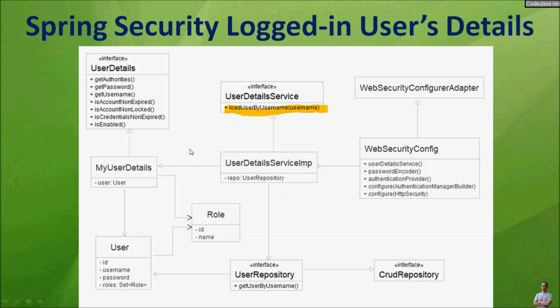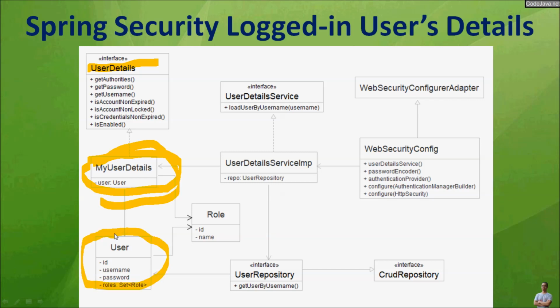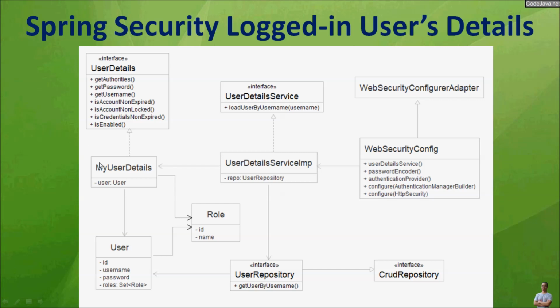When the user has logged in successfully, it will return an object that implements the UserDetails interface, and usually this UserDetails object wraps the entity class User. So in a Spring Boot application, when we retrieve the UserDetails object that represents the currently logged in user, we refer to the object of the class that implements the UserDetails interface.